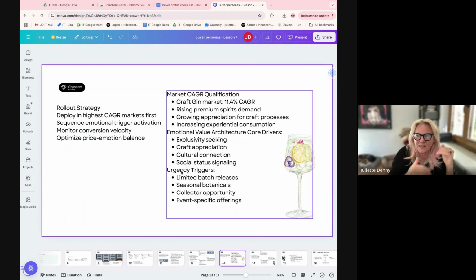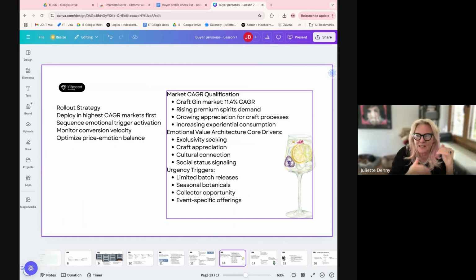So here we can see that the compound annual growth rate is high. There's a rising demand for spirits, which we discussed yesterday. There is a real appreciation for the craft process and how that's done. And so there's this increasing experiential feeling in and around consumption. And that's, again, what we're looking for in our buyers.